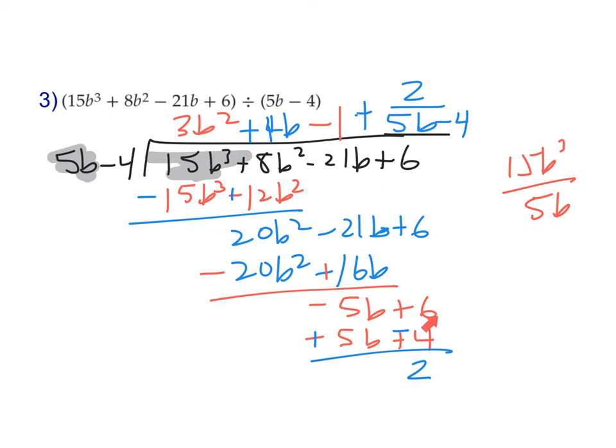Bring down the 6. 5b goes into negative 5b minus 1 time. Then I multiply. Negative 1 times 5b is negative 5b, times negative 4 is positive 4. Then I have to subtract, which changes both signs. So 6 minus 4 is 2. That's my remainder. It goes up here over the divisor.